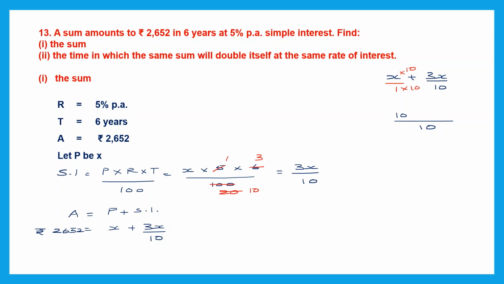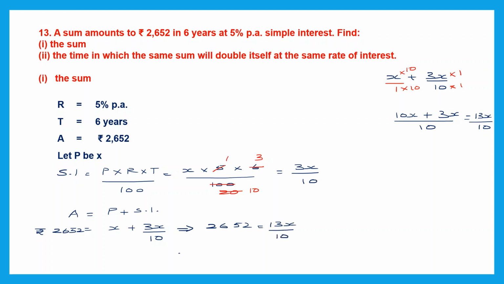So this is 10x plus, now here we have 10 into 1, so 3x into 1 is 3x. 10x plus 3x is 13x by 10. So what does this mean here? It means 2652 is equal to 13x by 10.